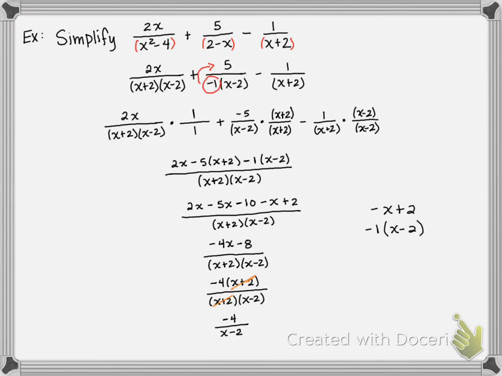Because otherwise, if we keep it in the denominator, then you're going to need a -1 here, a -1 here, a -1 here, and a -1 here, so that they all have that factor of -1 in the bottom. I don't know about you, but that looks like a huge pain to me, to have all those -1s floating around. So we avoid that by getting it out of the denominator.